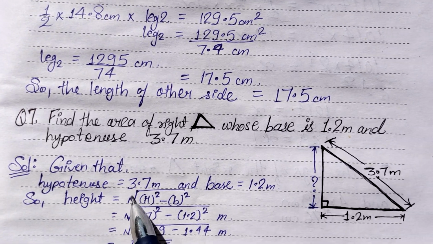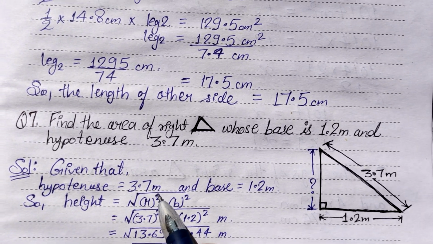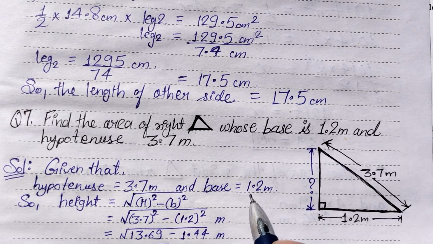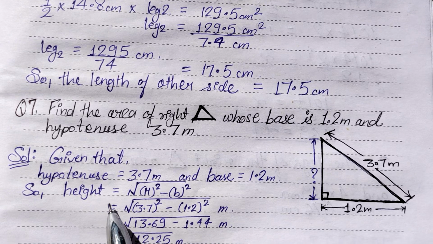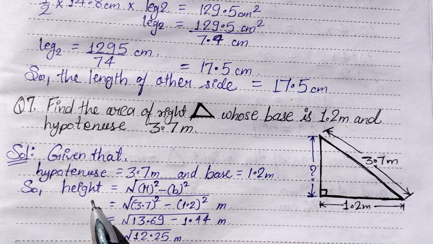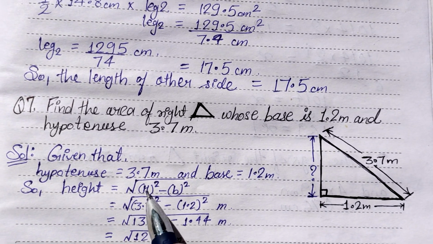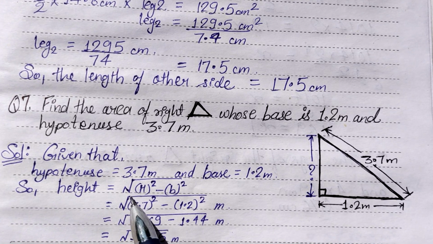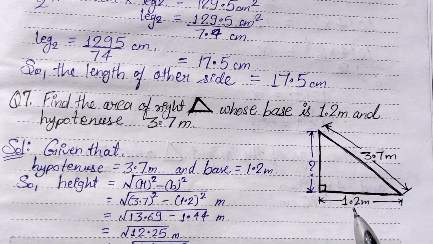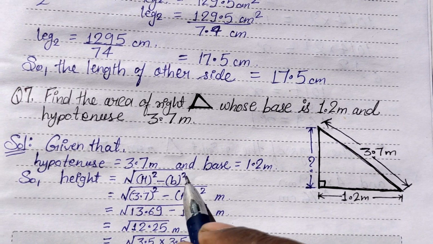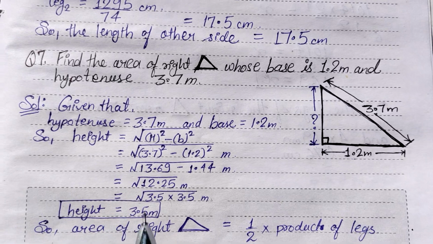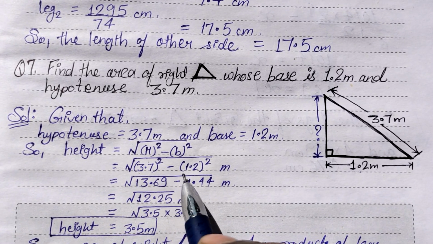Given that hypotenuse is 3.7 meter and base is equal to 1.2 meter. Now we have to calculate the height, this one, or say leg 2, leg 1. So for height we have to apply Pythagoras theorem, that is under root hypotenuse square minus base square. Now put the value in this formula. We have 3.7 square minus 1.2 square.